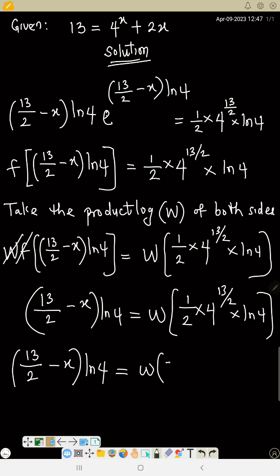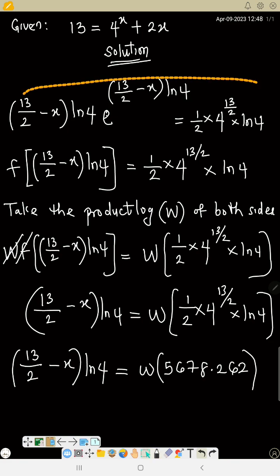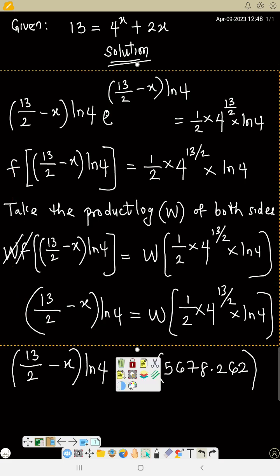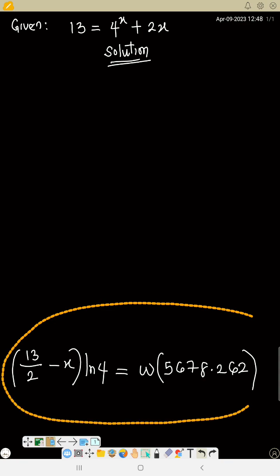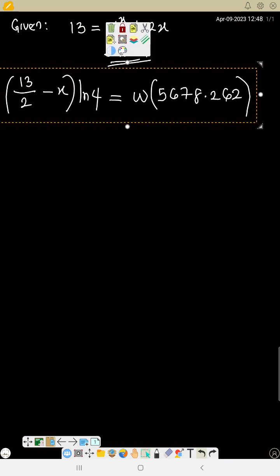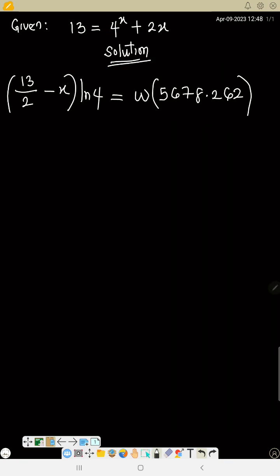So that is 5678.262, let me approximate that way. In your calculator, you can also press the W. You can do that in your scientific calculator, for example a Casio calculator.